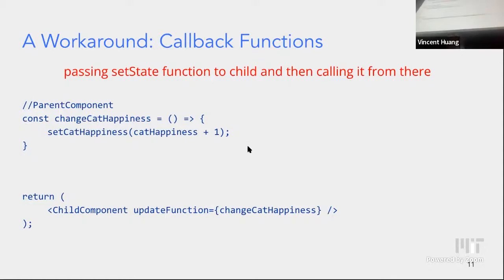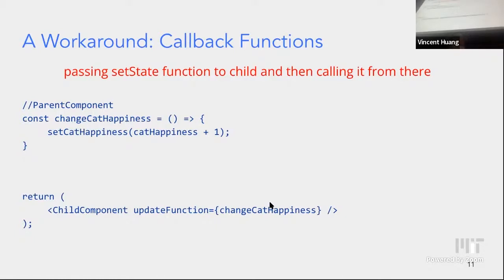So this gives you a state update, right? And in the child component, the prop we pass in isn't the actual state itself, but a function, which is the update function. This update function is the change cat happiness function we defined earlier.